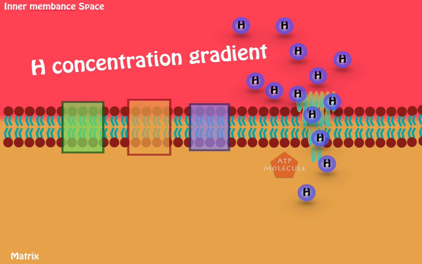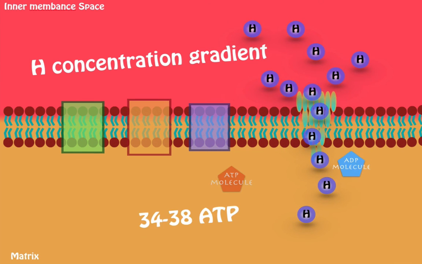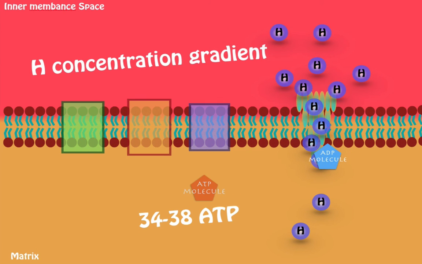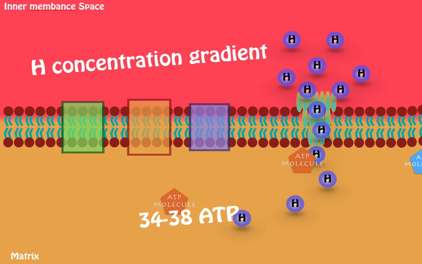And now the work has been transferred over from the high concentration gradient. You had a lot of potential energy in that concentration gradient, which has been transferred over to our ADP molecule, and it combines an ADP with a phosphate again to make adenosine triphosphate.